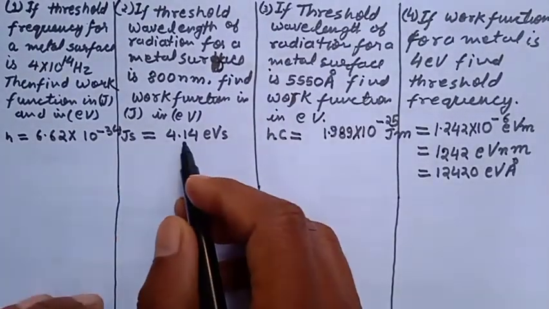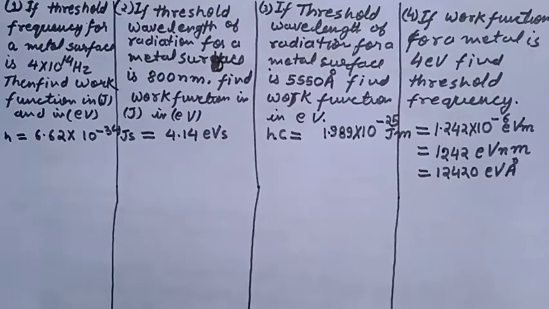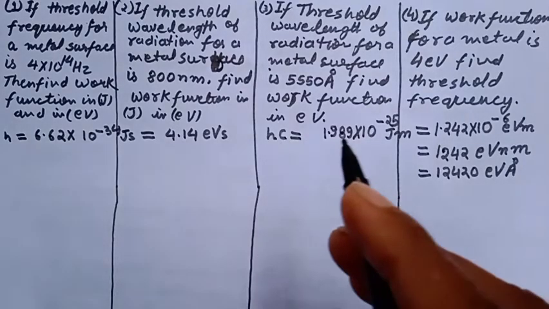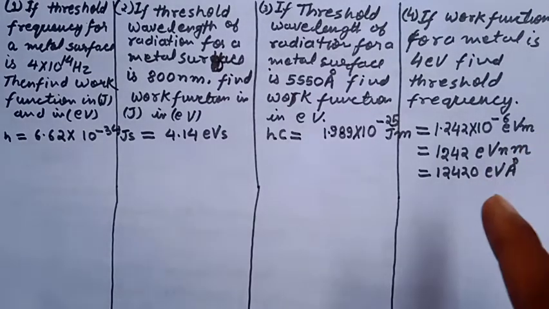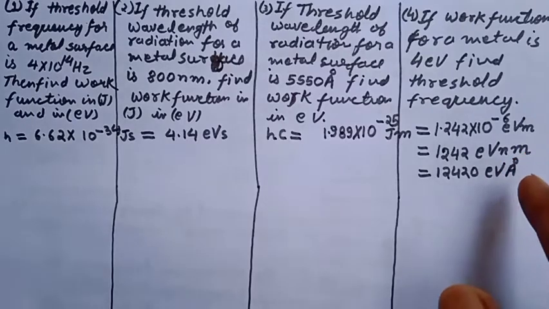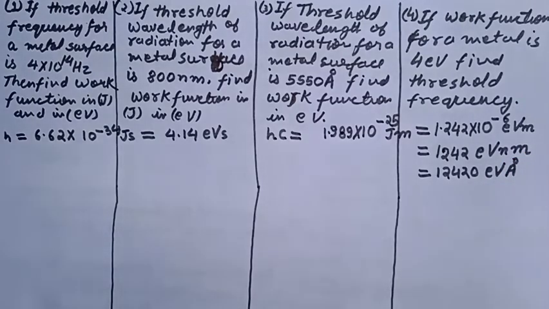H upon e is 4.14 into 10 to the power minus 15 volt second, and at that time you will get confused about how to use this value. That value can be used in terms of electron volts, and in the same way hc, by direct multiplication, gives this value, but in terms of electron volt meter it will turn out to be this in nanometer or angstrom. They can give these values, or you can memorize these values as well.